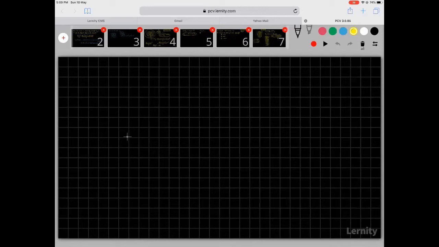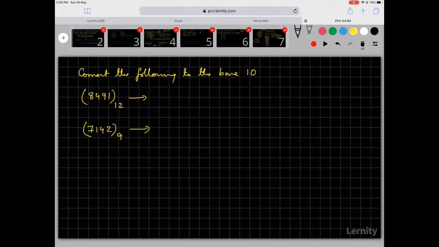Convert the following to the base 10. 8491, this is to the base 12. 7142, this is to the base 9. 124 to the base 16. Yeah, can you please do this? Convert. This is also homework.